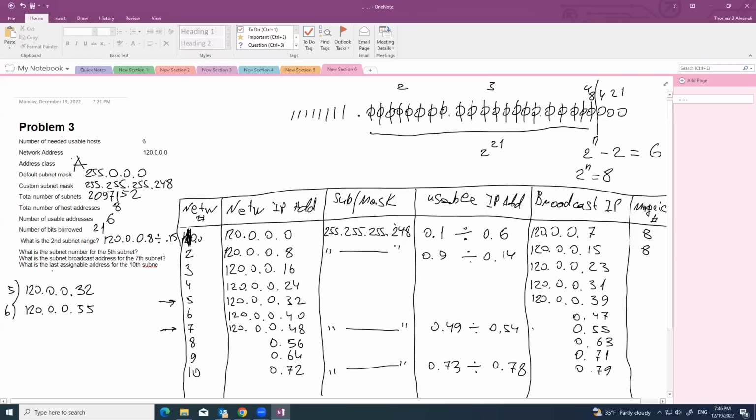And what is the last assignable or usable address for the 10th subnet? Okay, 10 is right here. So the last assignable, last usable address would be 120.0.0.78. We solved this problem.